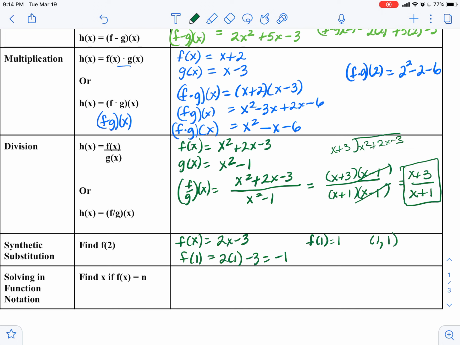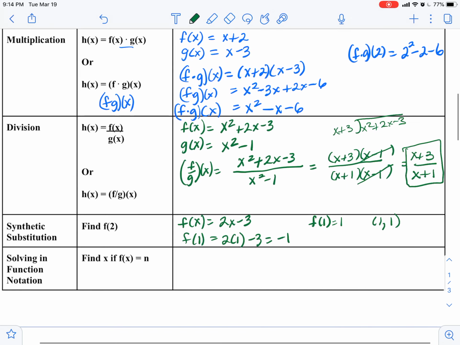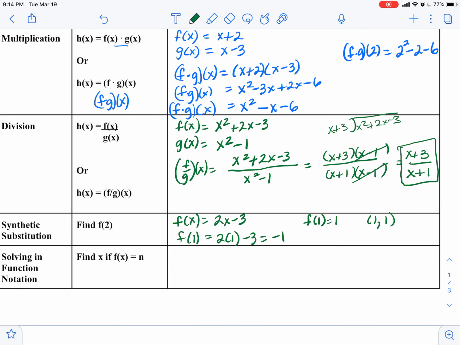Okay. The other one, and I don't know that I'll have you do any of this evening, but I will go ahead and write this down there. So again, let's say our problem was f of x equals 2x minus 3. And I asked you to do f of n plus 1. Let's say something like that. What I'm telling you to do is in place of the x, I want you to put the n plus 1.